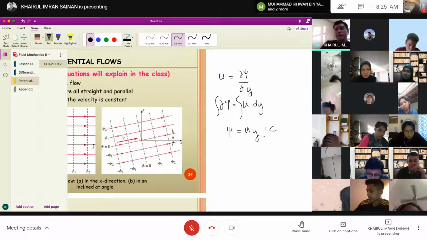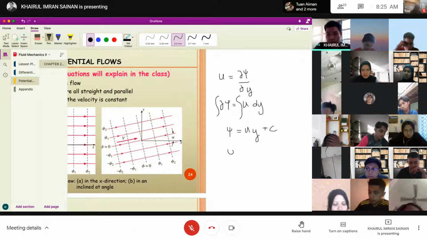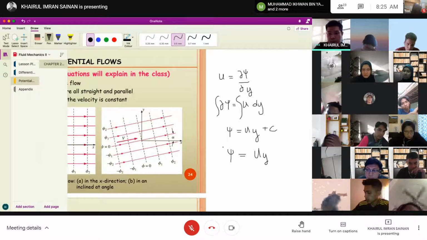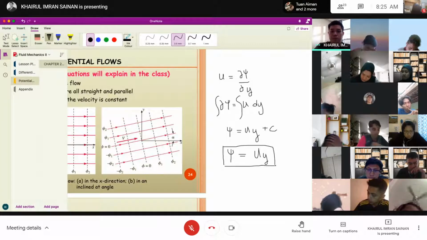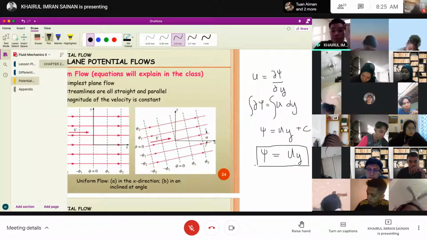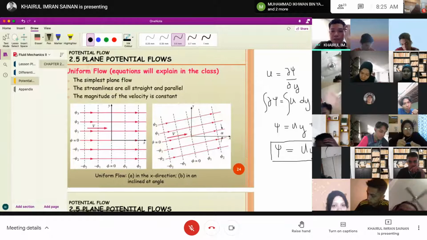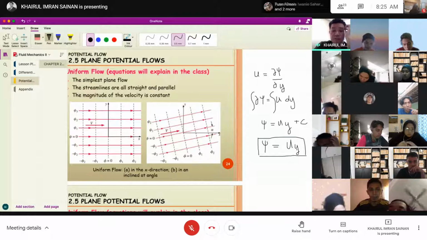The c here we're going to ignore, so what you have is psi equals u y. As you can see, psi number one is based on the direction of y, the distance of y.